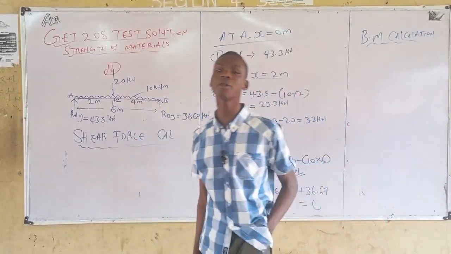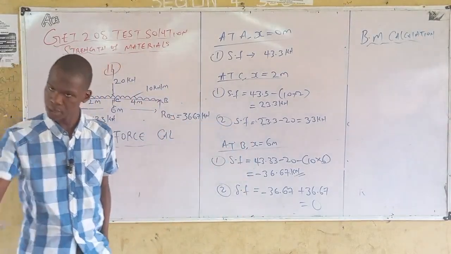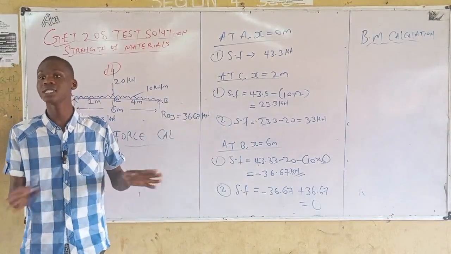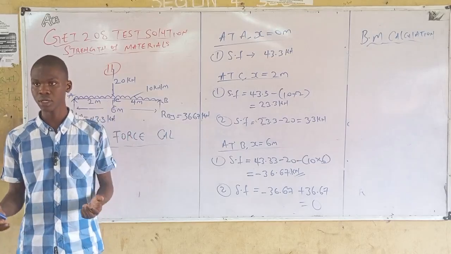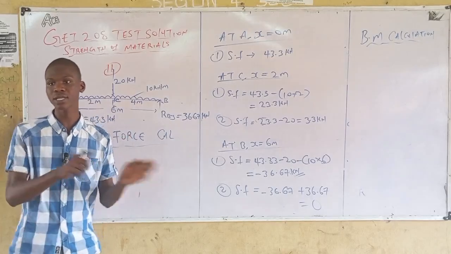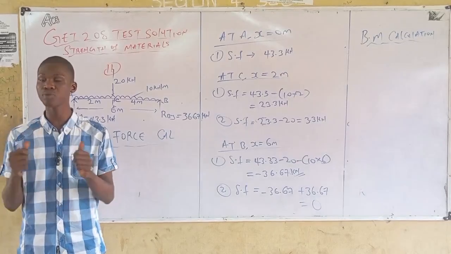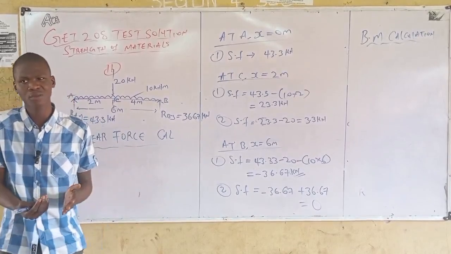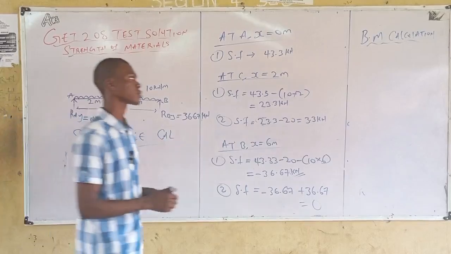Bending moment at A, what will be the value? 0. At B, what will be the value? 0. Without solving, you already know that it's 0, but you have to show that you know what you are doing. By the time you put everything inside your calculator, you must have 0. If otherwise, it means the previous values you calculated for bending moment are not correct. Now let's start.